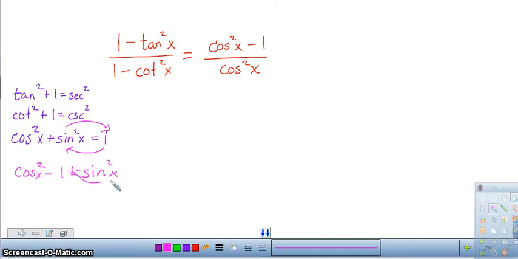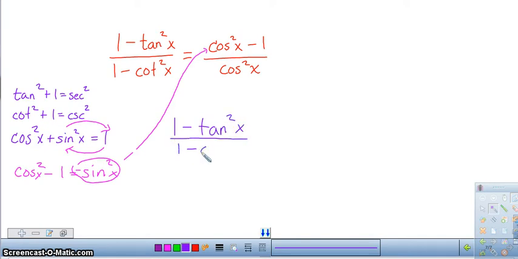So negative sine squared, we could put that right there. All right, so let's give it a try. There's nothing we can do with the tangent. So 1 minus tangent squared of x all over 1 minus cotangent squared of x equals negative sine squared of x over cosine squared of x.